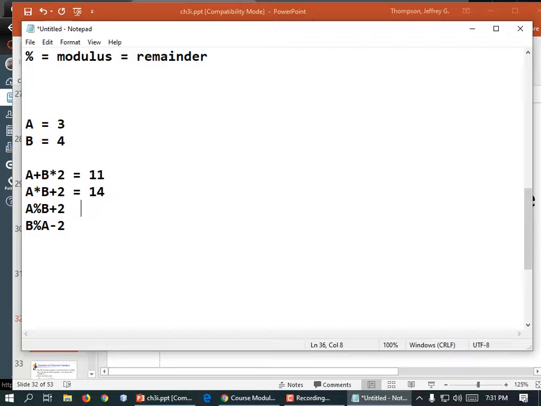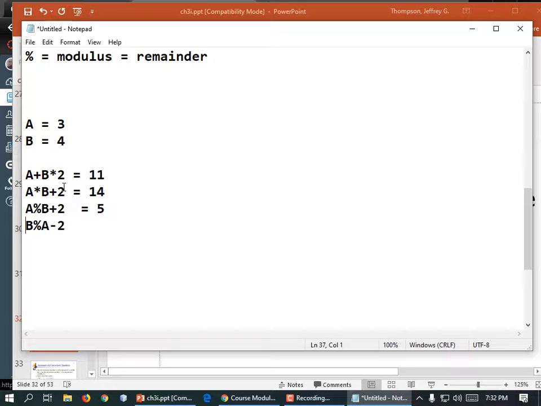And 2 modulus 4, what would that have been? 4 goes into 2 0 times with a remainder of? 2. All right, so 3 modulus 4, we decided was 3. Plus 2 is 5. What about the next one? What is 4 modulus 3? Four goes into 3 how many times? 1. With a remainder of? 1. I hope we're all good on that.